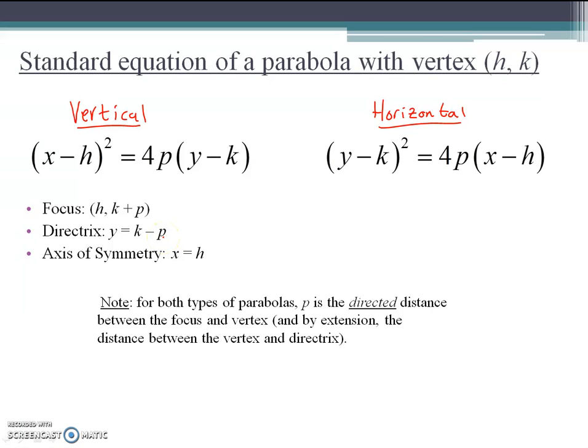And then the axis of symmetry, not necessary, but it's nice to note, is a vertical line that passes through the focus at h. And then we can add to the mix the same set of directions for horizontal parabolas, with the focus being the h value plus p.